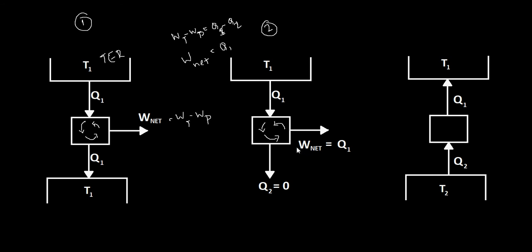Again, this also is not possible. You should always have a heat rejection to a low temperature reservoir in order to produce network. So this system also is impossible.